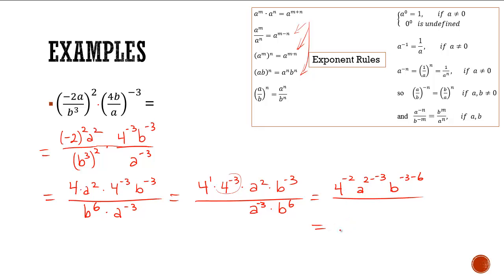So that leaves us with 4 to the negative 2, which gives us 4 squared in the denominator, and then a to the 5 and b to the negative 9. So let's just rearrange that, clean that up a bit. We'll have a to the 5 up top, 16 in the bottom, and b to the 9 in the bottom.